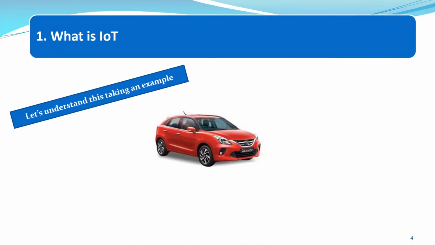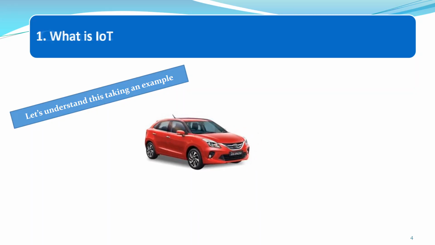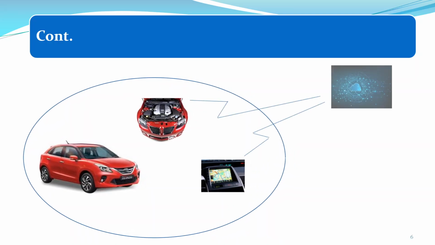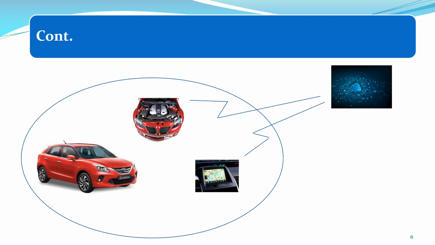What is IoT? Let's understand this by taking an example. Take for example a car whose GPS system and engine are connected with an IoT device, and the connected IoT device with an internet platform.